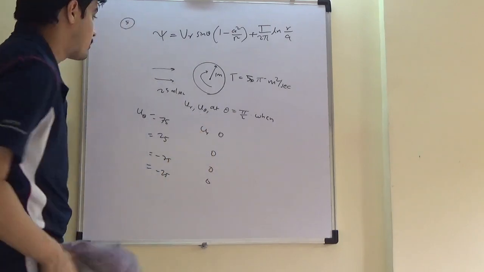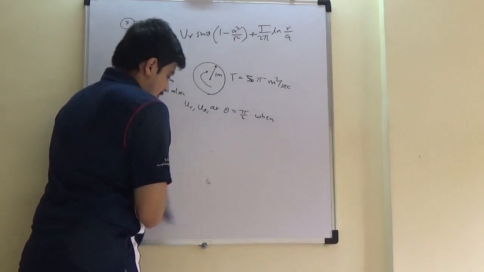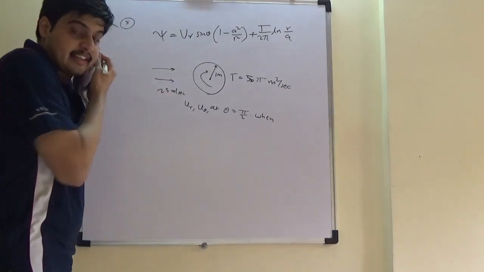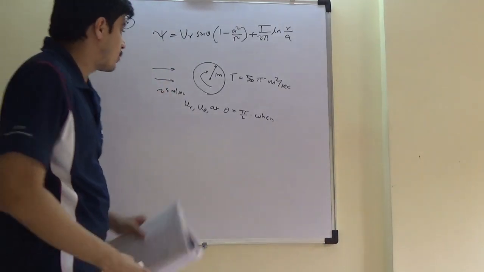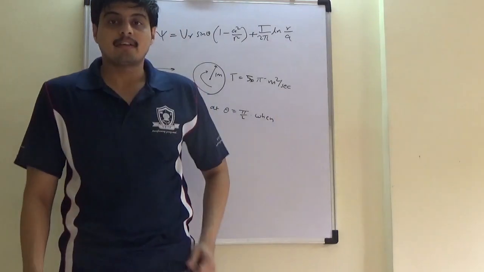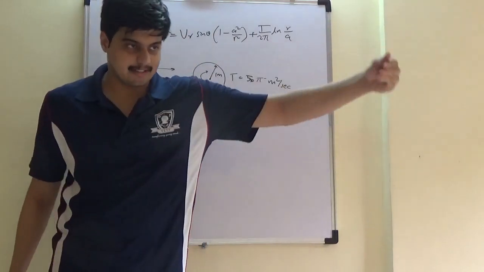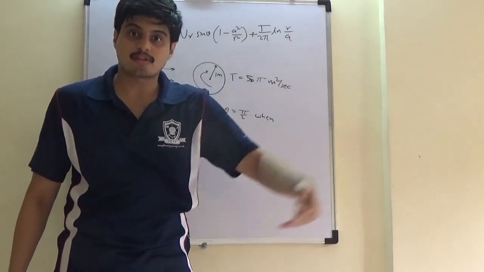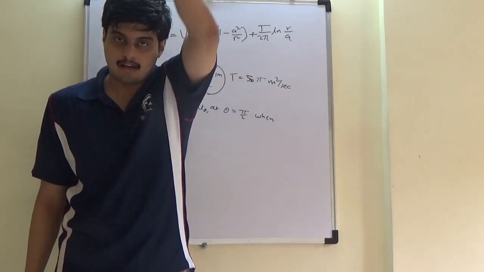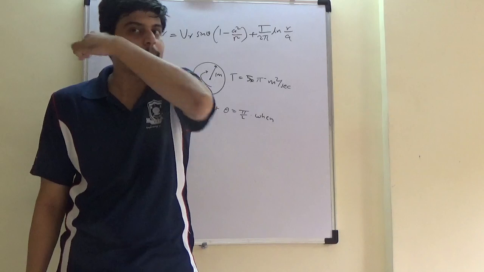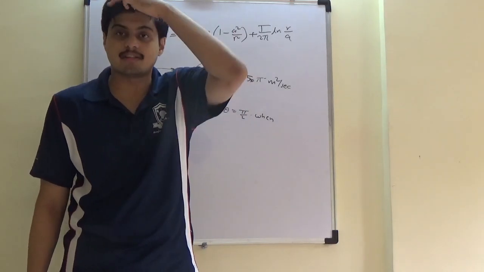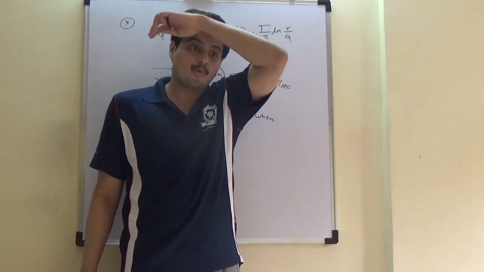Now I am not going to bias you about the numbers. First and most important, does UR equal to 0 change because the cylinder is rotating? We have seen, at theta equal to pi by 2, stationary cylinder, the flow produced only U theta and no UR. Symmetry problem. Does circulation change it? The answer is no. Why?